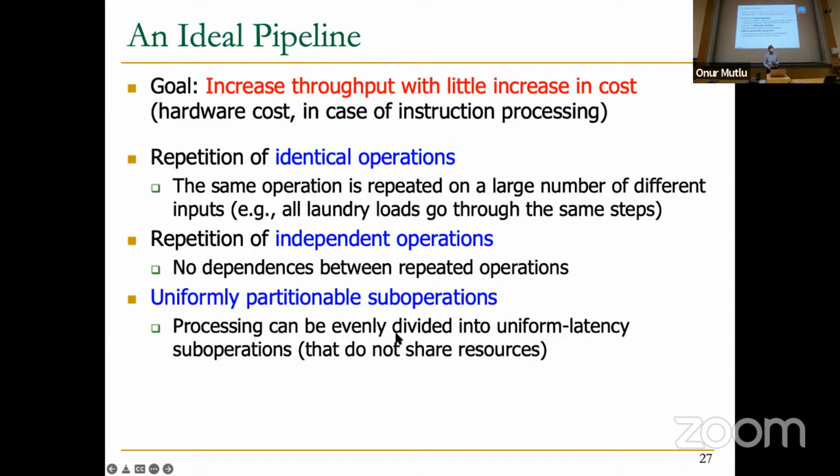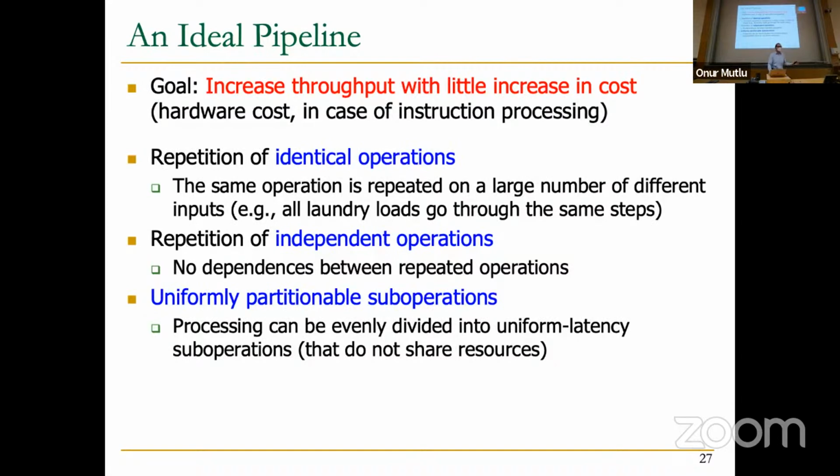As we will see, not sharing resources is going to be a bit hard. We'll need to replicate some of the resources, and there will be some sharing of resources, as we will see soon. And division into exactly the same amount of time in each pipeline stage will be a lot harder also, as you will also see. And these are actually things that are not easily solvable.